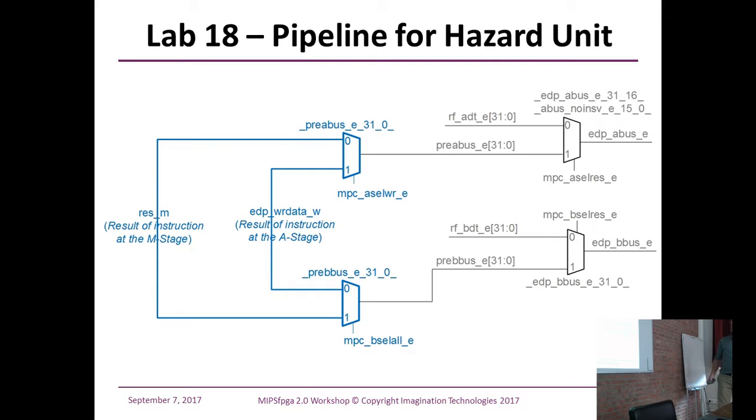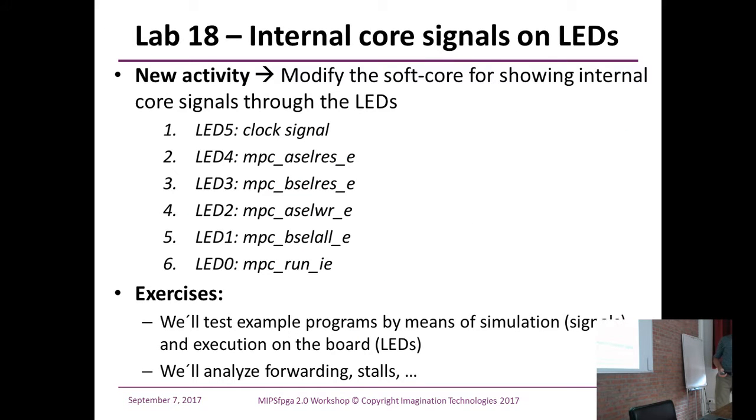So in this lab, we analyze the forwarding unit. And we do that trying to use the board. So what we're going to do, and this is another interesting activity, we're going to show internal core signals through the LEDs.